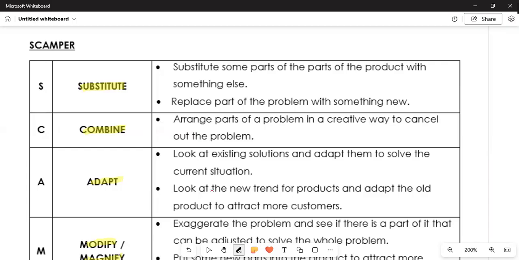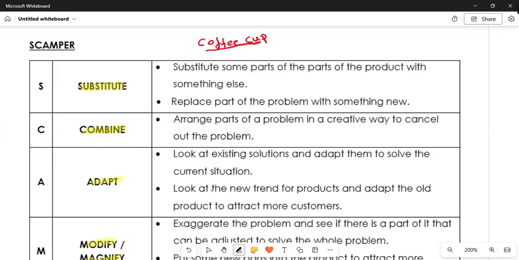So we are going to make an example so that we understand it more clearly. Our example is going to be a coffee cup.